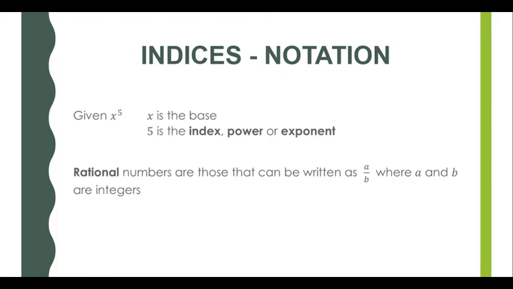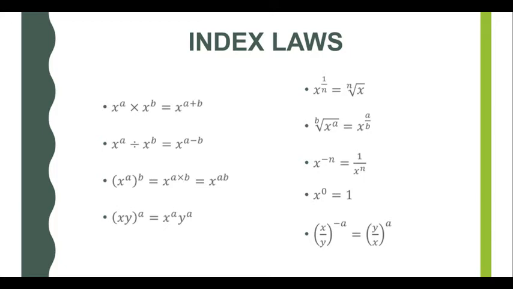We have lots of rules when working with indices, as you can see here, and we call these our index laws. Firstly, if we have a number with a power times by a number with a power, we can write that as that number to the power of the two powers added together. Similarly, when we divide, we do the same, but we write the power as the first power minus the second power.